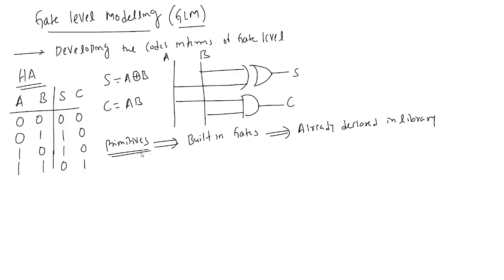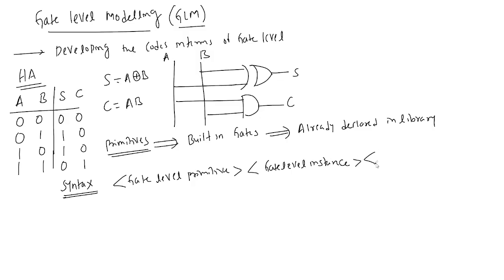Here, the syntax for a gate level primitive is like this. You have the gate level primitive, and the gate level instance, followed by the output first, then input 1 and input 2, up to and so on.